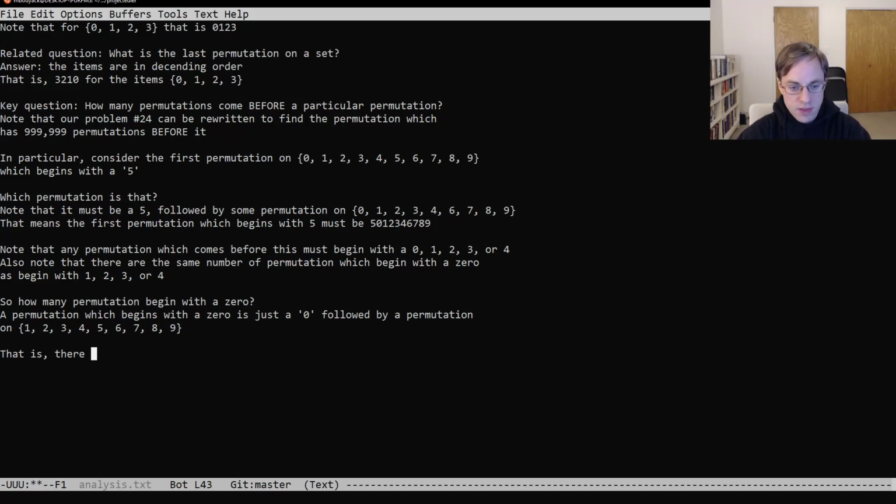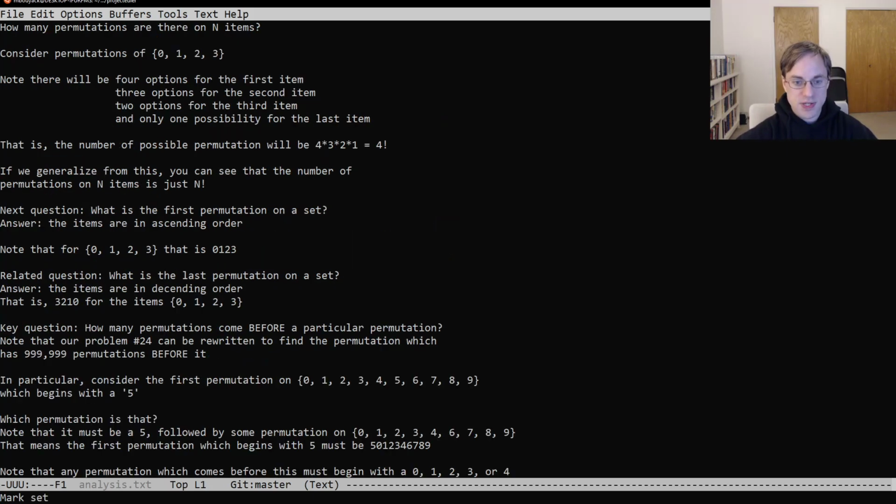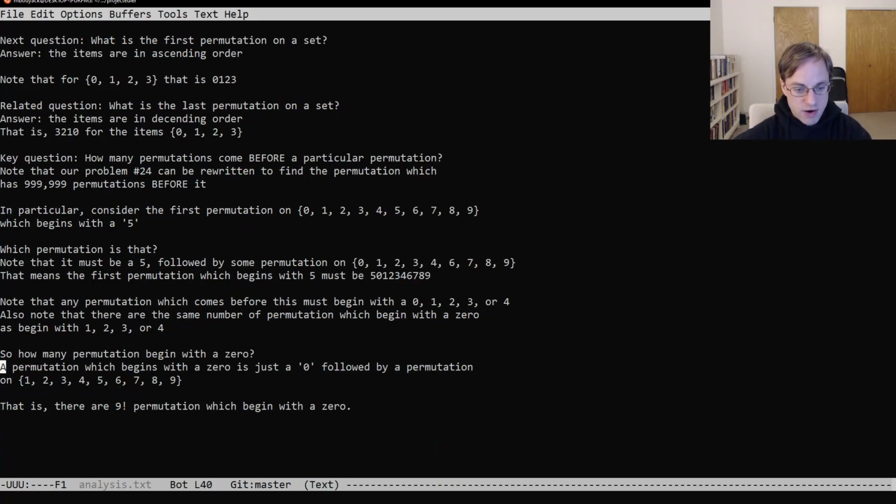That is, there are 9 factorial permutations which begin with a 0. And this just comes from our conclusion, up at the top here, where we were figuring out the number of permutations on a given set. So here our set has 9 items. That means that there are 9 factorial permutations on that set.